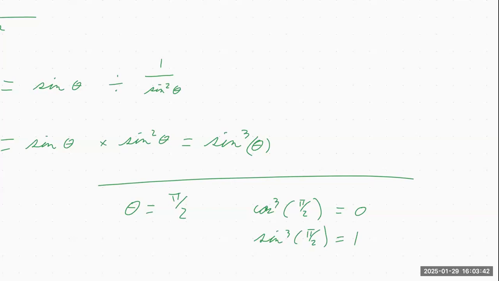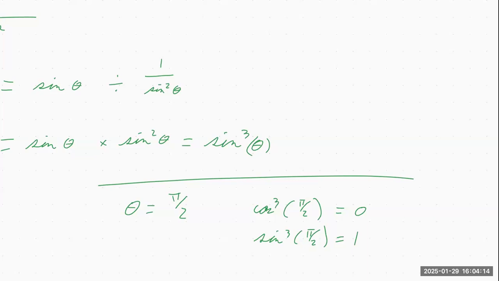Now, generally, you want to try one or two angles if you're trying to disprove. So if you really think two expressions are not equal to each other and you plug in an angle, they may come out the same for that specific angle. Doesn't necessarily mean they're always equal. It just means they're equal for that angle you chose to plug in. So you might have to try another.